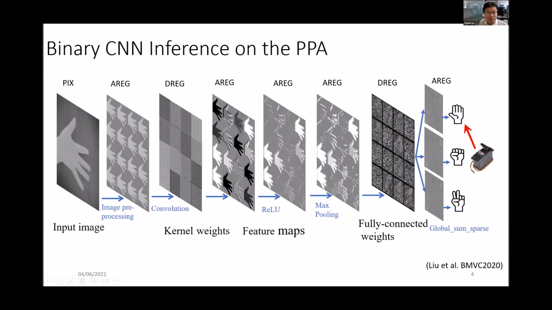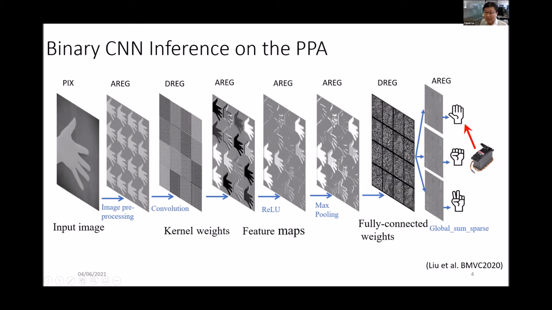We use our previously proposed binary convolutional neural network for this work. We train a binary neural network offline and implement image convolution, ReLU activation function, max pooling, and fully connected layer for this CNN inference.